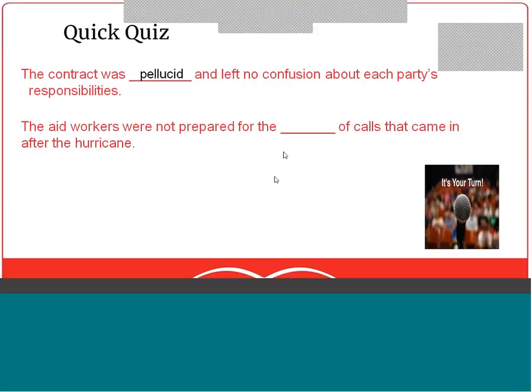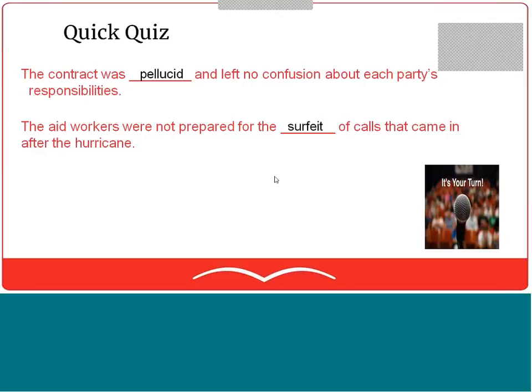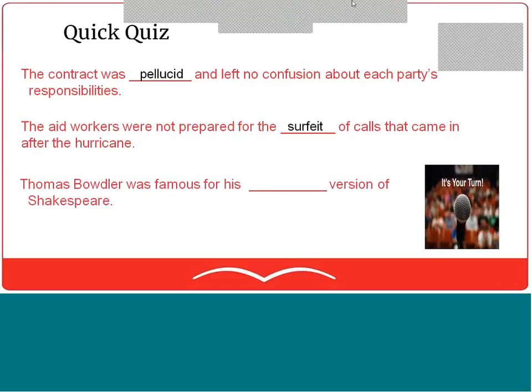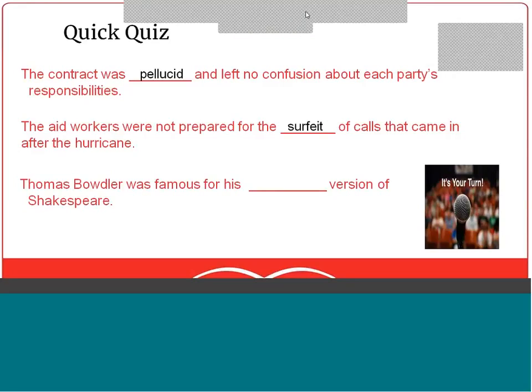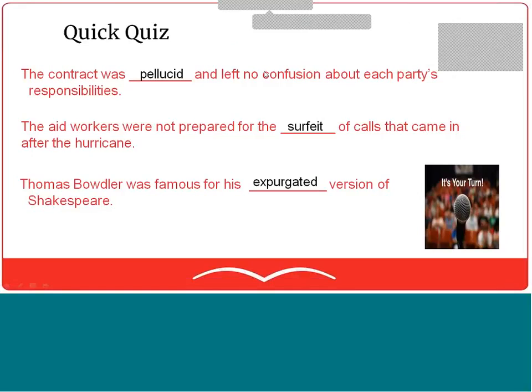It's surfeited. Let's try one more. Bavlagai is also correct, but the word I was looking for is expurgated. Thank you.